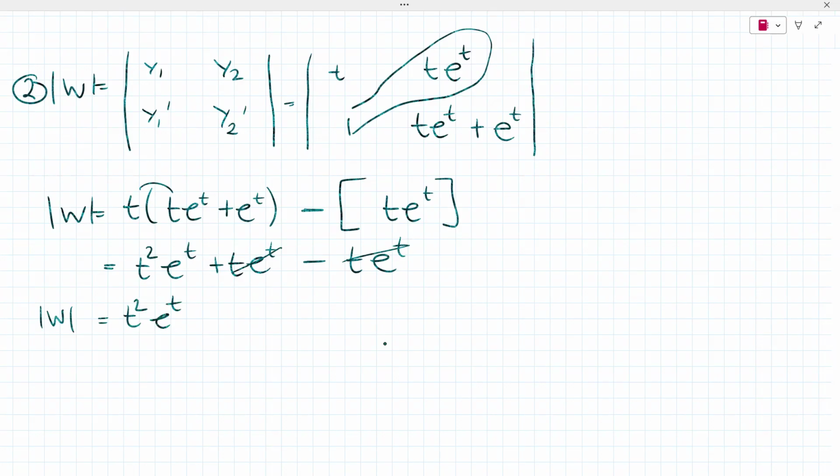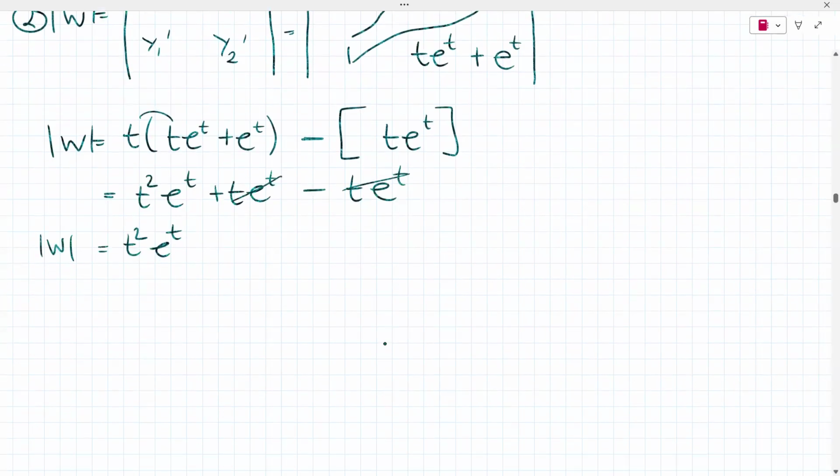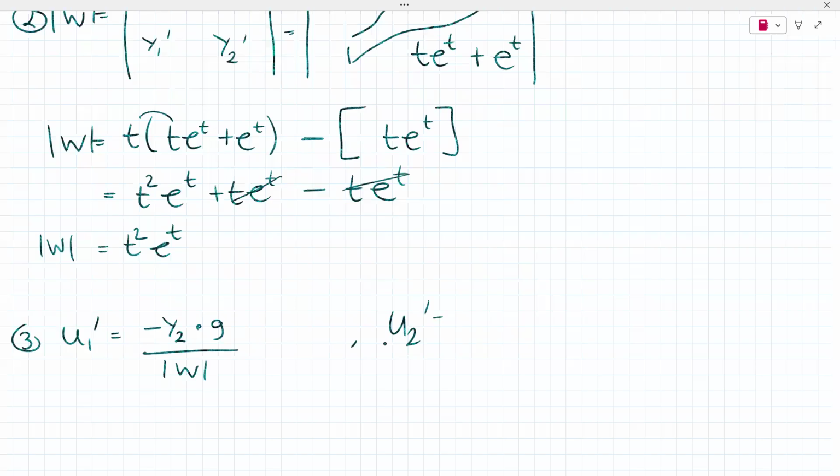Okay. Step 3, we're going to find my u1 prime and my u2 prime. So my u1 prime is negative y2 times g over the Wronskian determinant, and my u2 prime is y1 times g over the Wronskian determinant.